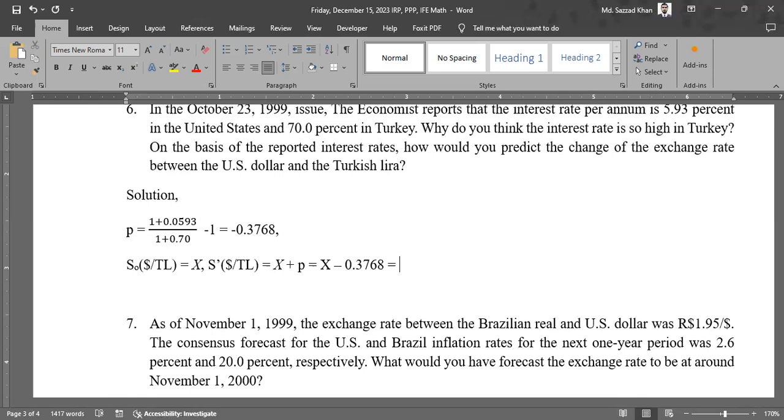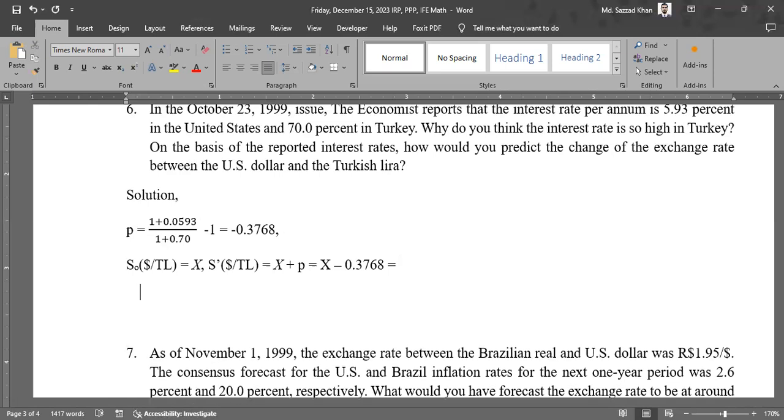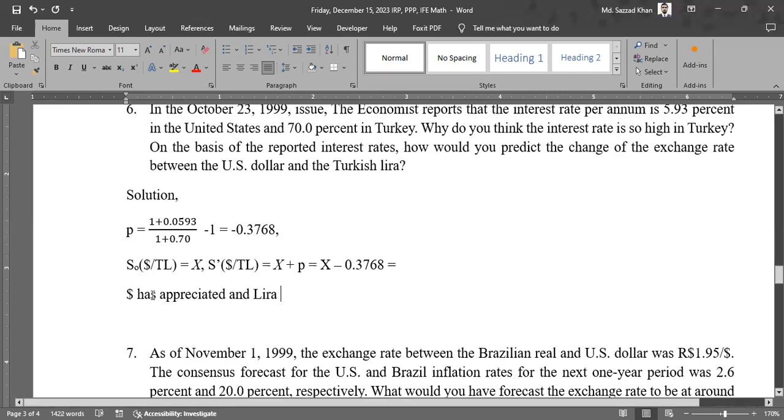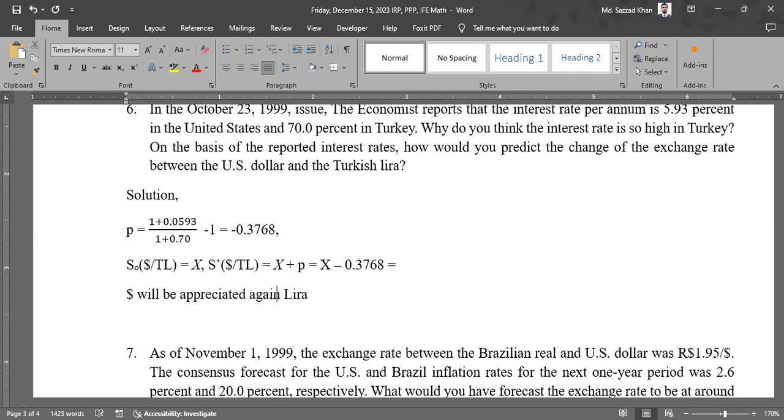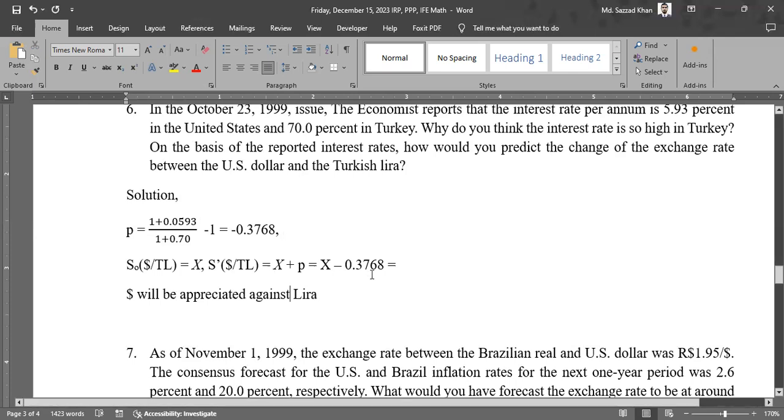That means the dollar will appreciate against the lira, which means the lira will be depreciated against the dollar.